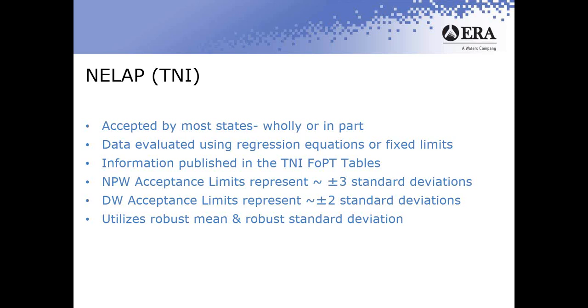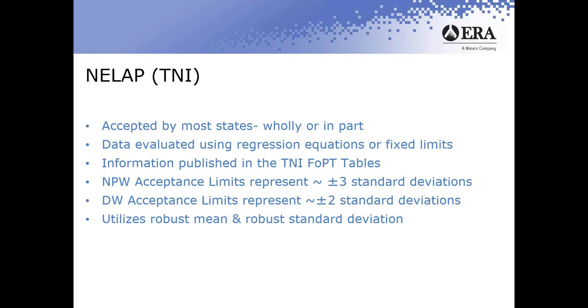It's all right there. I'd encourage you to log on to the T&I website if you've got any questions specifically. And also, I'd like to note that any changes to regression equations and acceptance criteria will be published on that website as well. That's where everything originates.